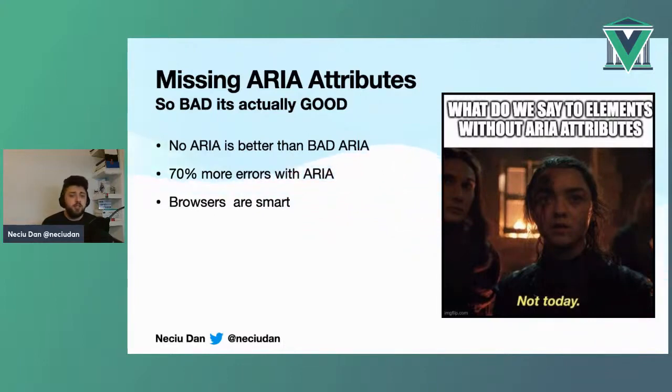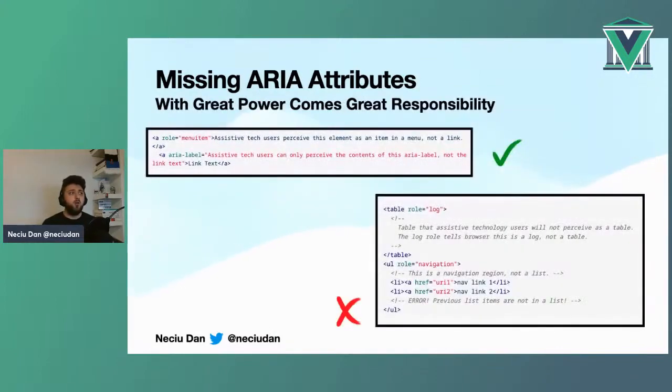One reason for this is that the browser is pretty smart at inheriting or guessing the actual ARIA attributes, and if you override them with empty strings or bad content, you are basically breaking the native HTML features. So with these ARIA attributes, with great power also comes great responsibility.